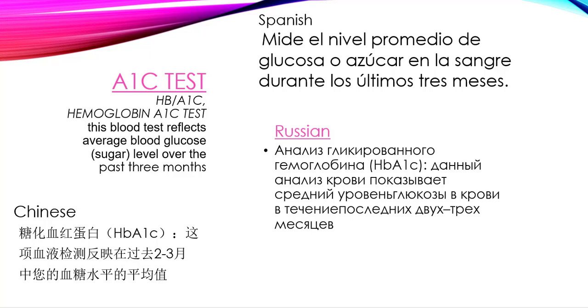So it doesn't just tell you what your blood glucose is at the moment that you take it. It gives you more information by telling you on average the past 3 months what your blood glucose level has been. And so I'm going to leave this here because this is definitely something that is explained to patients, and it is most likely presented in this way.